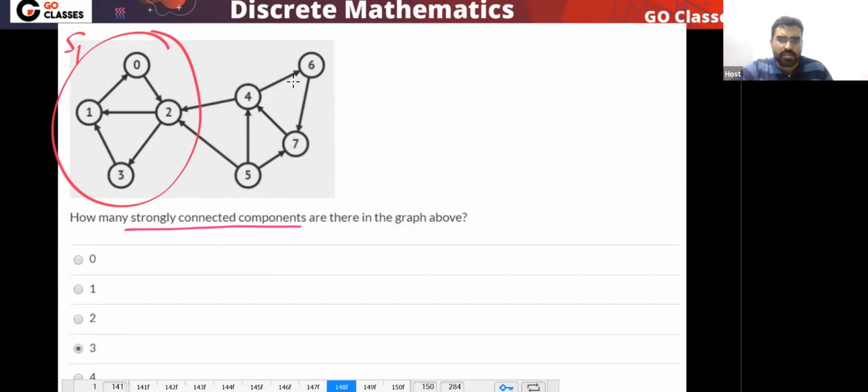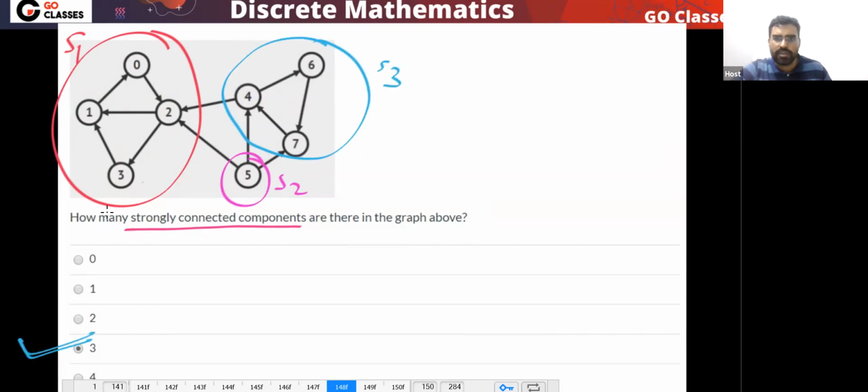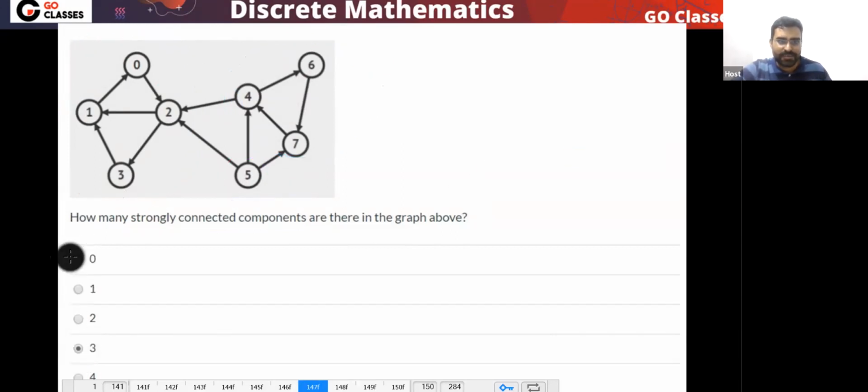You can notice that this is another strongly connected component, S2, and this is another strongly connected component, S3. So total 3 components you will have. The number of strongly connected components will be 3. Yeah, it is already marked. Okay, so let me remove.